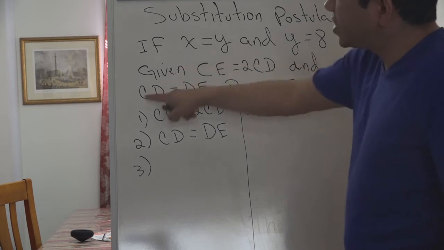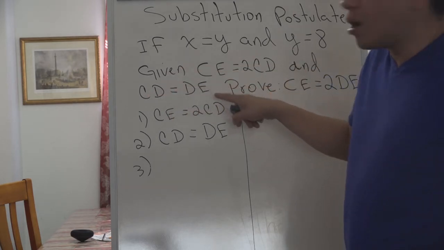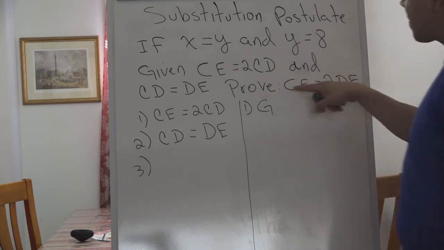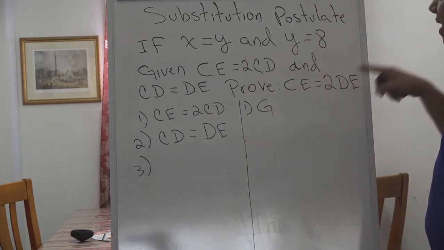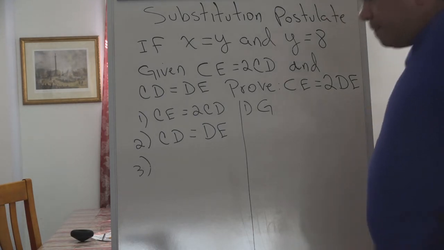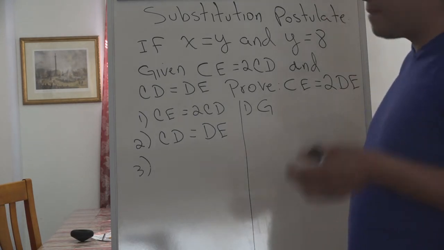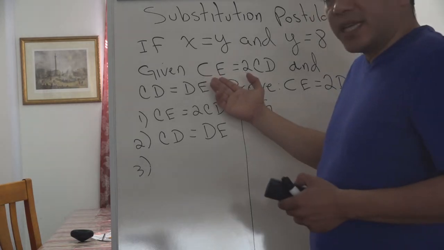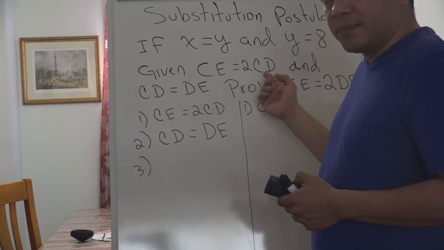And CD is equal to DE. They want me to prove that segment CE is equal to 2 times the length of DE. In other words, let's see if I can come up with an example. If 6 is 2 times 3, right?